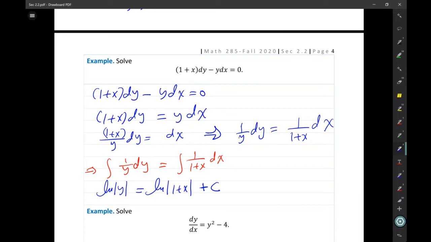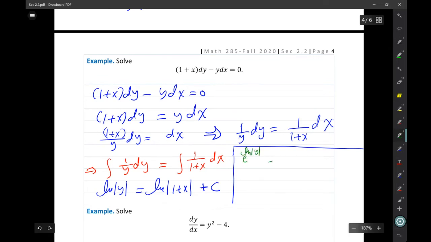Okay. Now, my question: can we simplify this one, or we cannot? Who can tell me? Yes, we can. Ln of y, take e for both sides, becomes e to the power ln absolute y is equal e to the power ln absolute 1 plus x plus c.